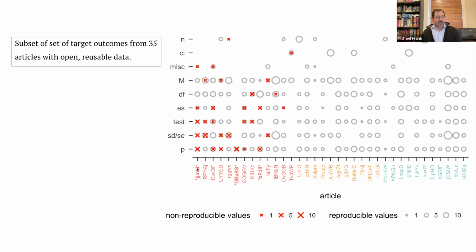For the red ones, even with the author's help, there were one or more values in the paper that we were unable to reproduce. So for this example, neither the authors nor we knew where the numbers came from for the confidence interval that was reported in the paper. And you can see that's just this one confidence interval. Here, just one effect size. But for several of these papers, there were quite a number of values that were non-reproducible, even with the author's assistance and the raw data.